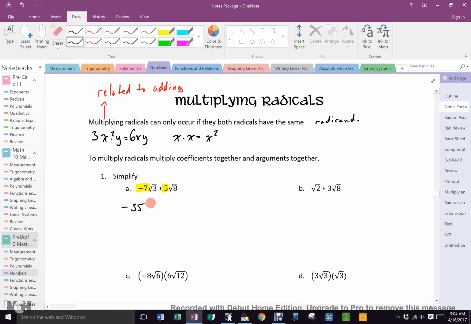Just waking up. I'm old. Okay, now, what did we do with x and y? We multiplied them together, yeah? And we just left it as xy, right? You guys are smart kids. This is not x and y. This is 3 and 8. So what will we do you think? Multiply them together. What is that? 24. 3 times 8, which is negative 35 root 24.